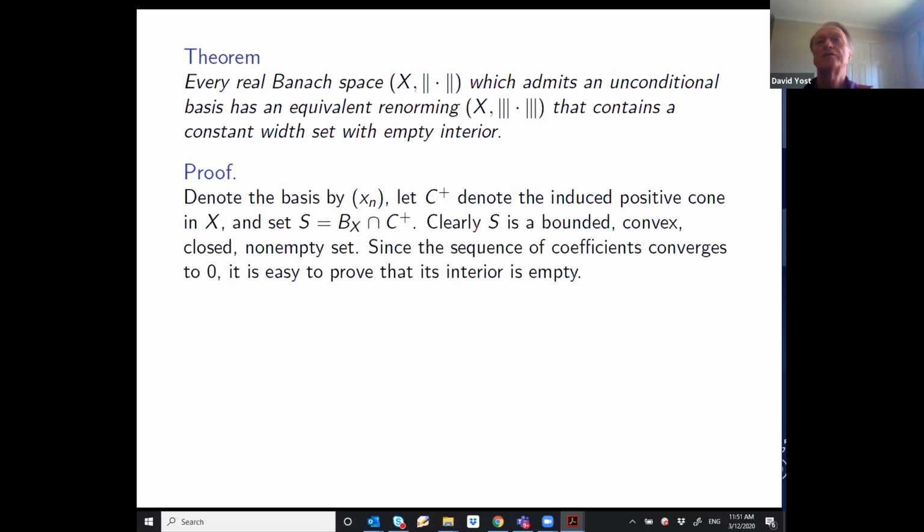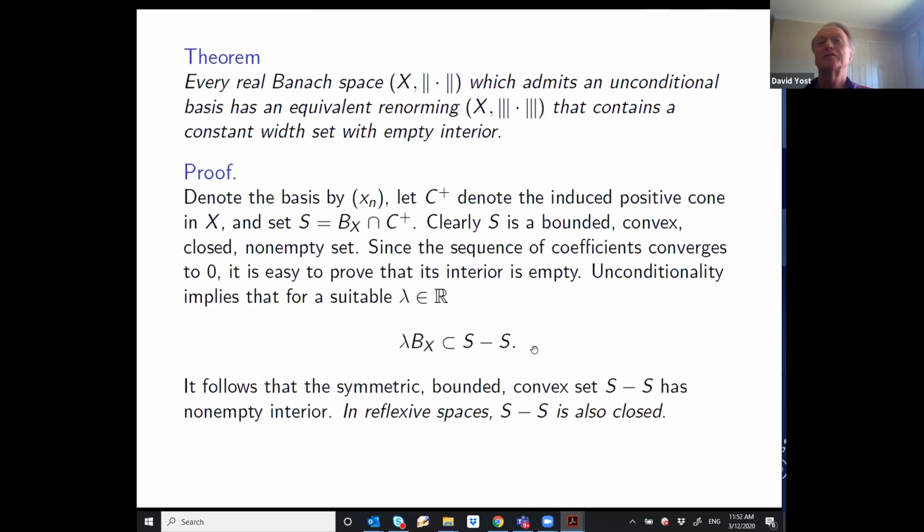Because the sequence of coefficients for any element converges to 0, the interior is empty. And the unconditionality of the basis, you have to check what unconditional means and do some calculations. S minus S must contain a non-empty ball. So S minus S is closed, but it must have non-empty interior.